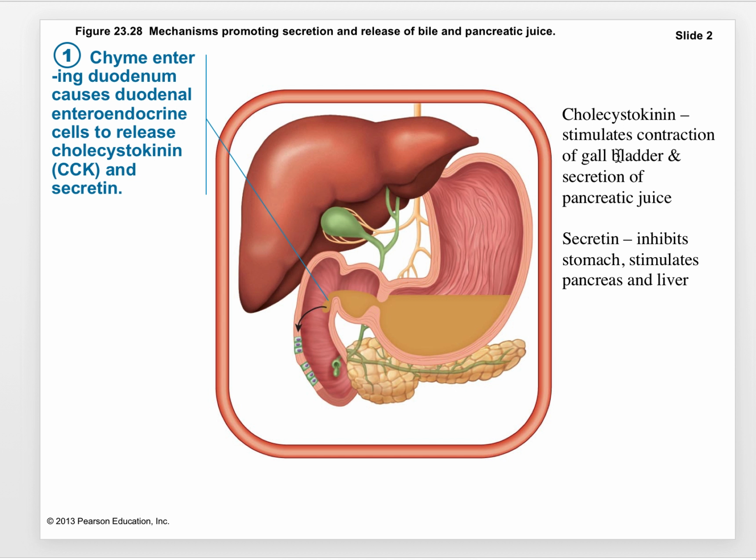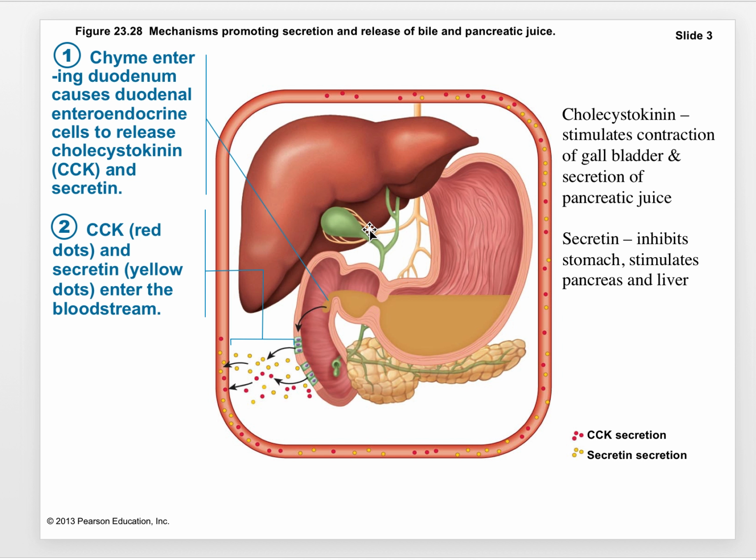Remember, cholecystokinin stimulates contraction of the gallbladder and secretion of pancreatic juice. Secretin inhibits the stomach and stimulates pancreas and liver. This cholecystokinin and the secretin enter the bloodstream. So it's triggered to secrete based on this chyme in the duodenum, so it triggers these.